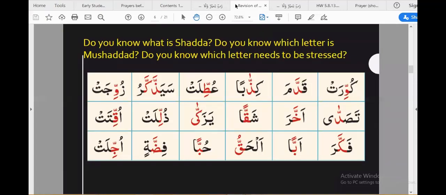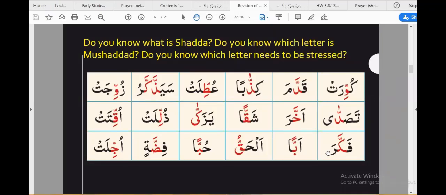You're reading it really, really nicely. So you just need to remember what the names of the signs and symbols are, and also to identify which one is the mushaddad letter. Mashallah, you read that really nicely. Jazakumullah for your help. So we have just revised mushaddad.